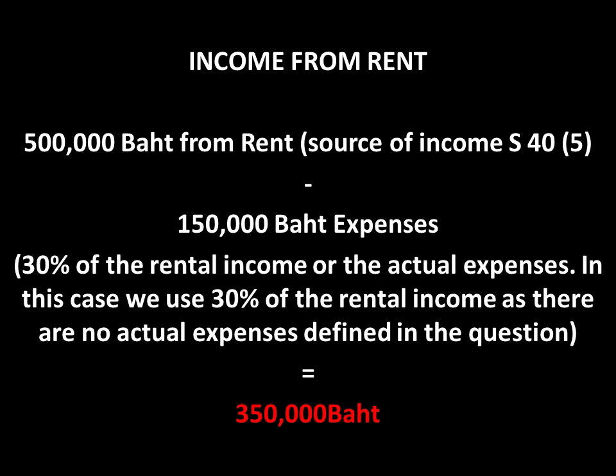If you can prove that your expenses are higher than 30%, then you can deduct more than 30%. In my example, there is nothing mentioned about real expenses, so you will deduct 30%. 30% of 500,000 baht is 150,000 baht. Therefore, the balance is 350,000 baht.